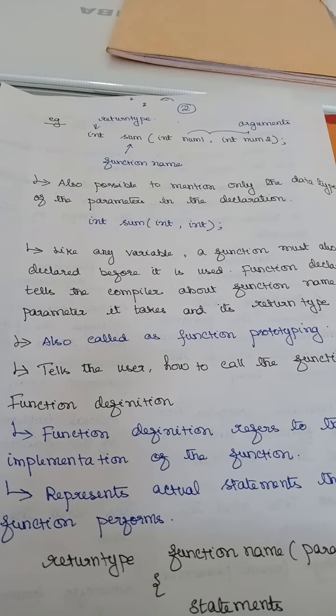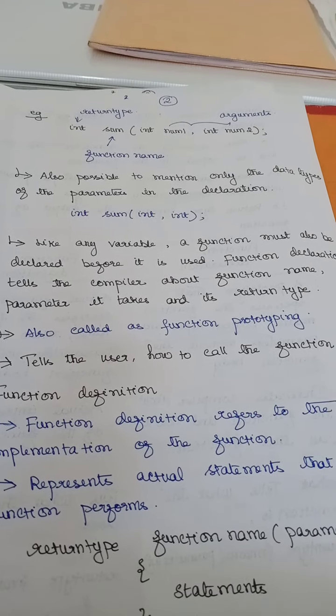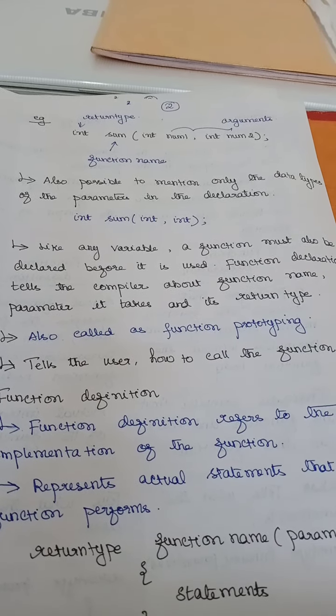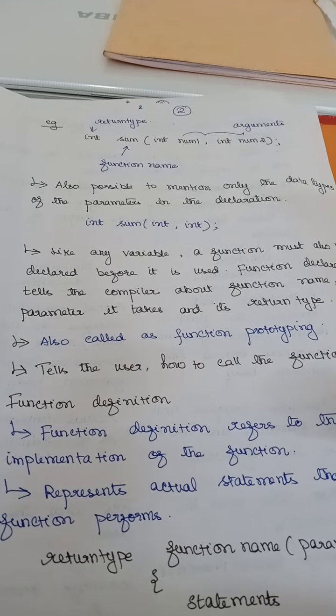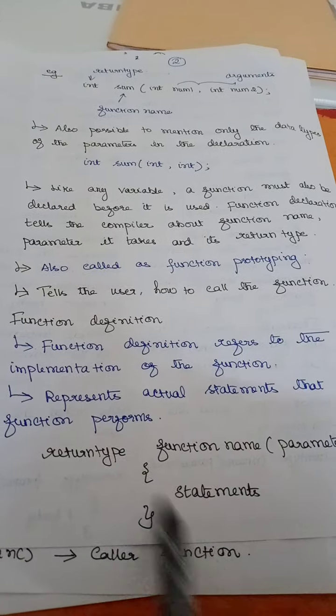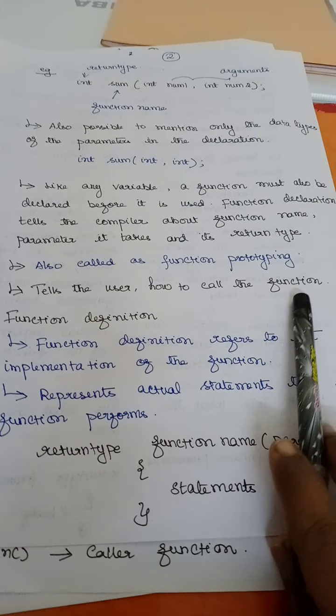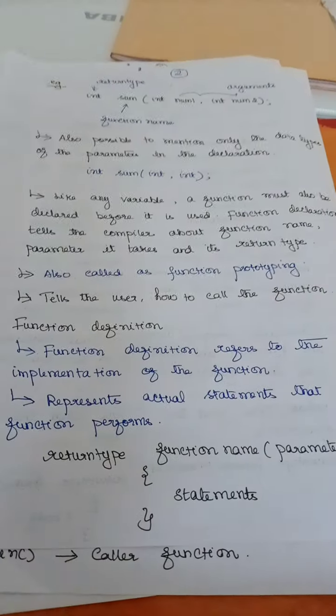The other name for function declaration is function prototyping, because I am telling the prototype of the particular function, how my function will be. What is the input, what is the output. It tells the user how to call the function. So from this I know that I need to pass two parameters to my function.